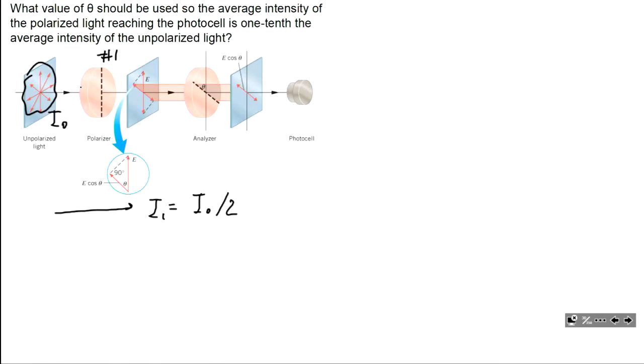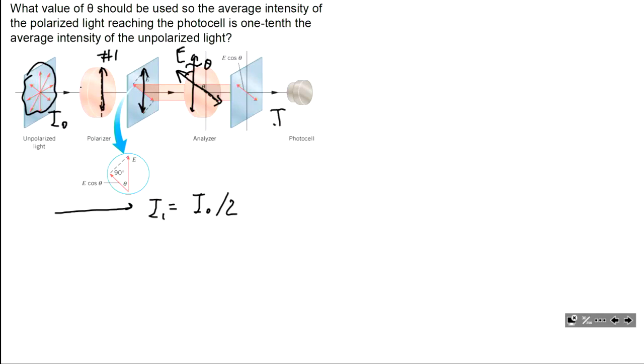So this is the transmission axis of the first polarizer. After this polarizer, light becomes polarized in this direction. And now it encounters the second polarizer. That's the electric field. And this is the transmission axis of the second polarizer. And this is the angle we are looking for.